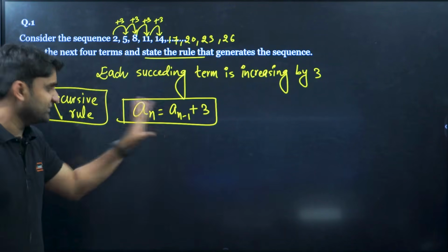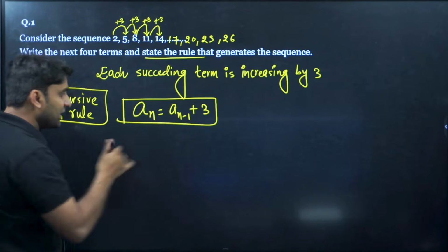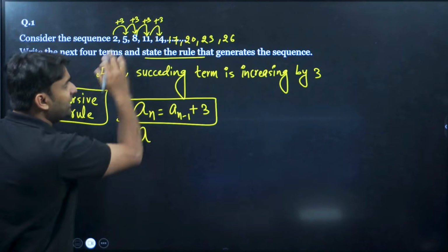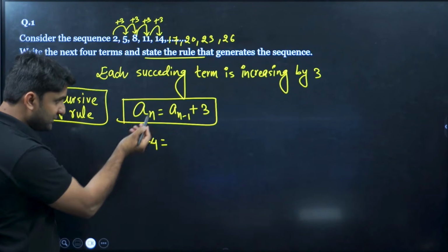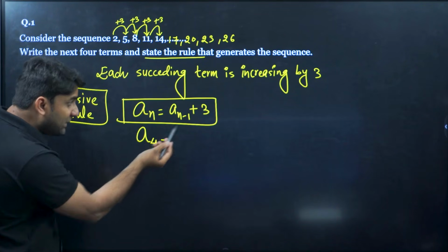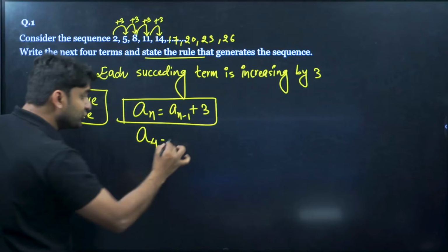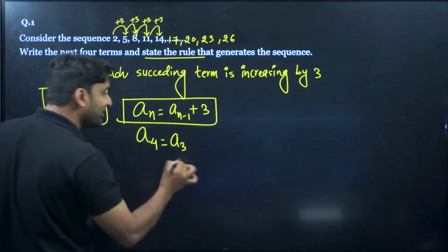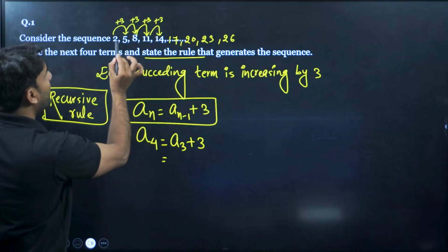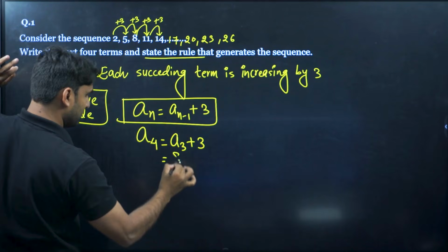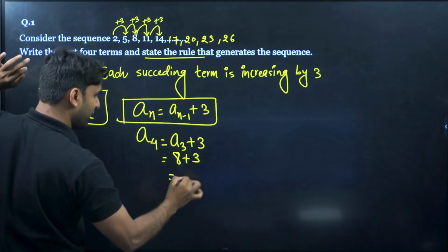Let me show you what this is. Listen everyone. If I want to find the 4th term, N will be 4. At the place of N, 4 will come. But this is 4 minus 1. So it has become A3 plus 3. Now my dear champion, what is A3? 1, 2, 3, it is 8. 8 plus 3, what are we getting? 11.